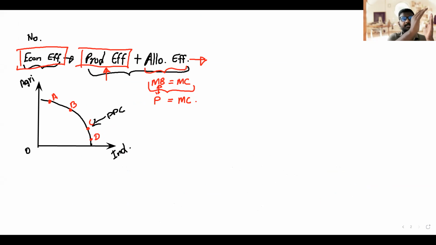Productive efficiency can be seen all throughout the PPC curve, whereas allocative efficiency only at one point. So where you have both, only on that point, economic efficiency is maximized. On all the other points, it might be less than that. There's no one way to answer it, but what I said is the core answer.